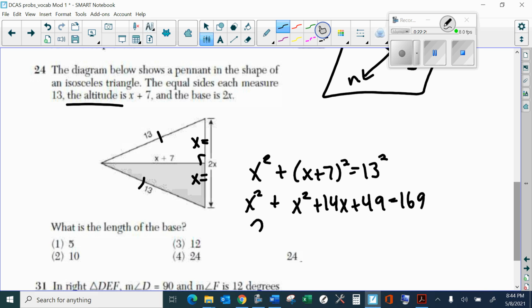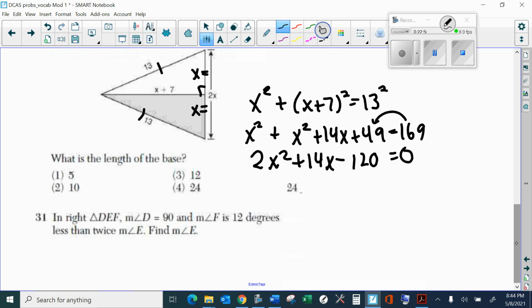I have 2x squared plus 14x. Subtract across because it's a quadratic, so we set it equal to 0. 49 minus 169 is negative 120. Now I can see they have a GCF of 2 in common, so we're going to divide each term by 2.